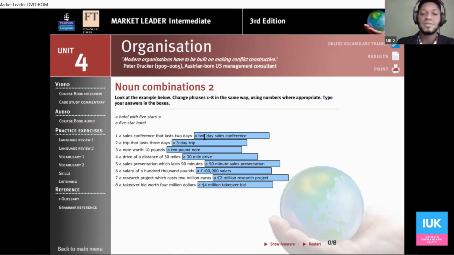A 2-day sales conference, a 3-day trip, a £10 note, a 30-mile drive, a 90-minute sales presentation, a £100,000 salary, a €2 million research project, a $4 million takeover bid. There you are.